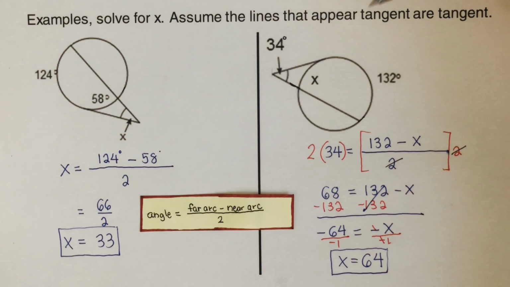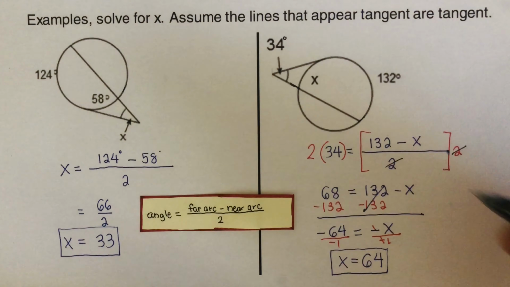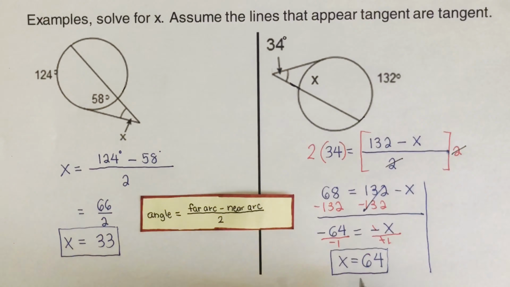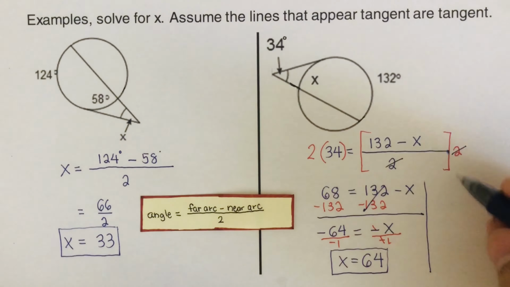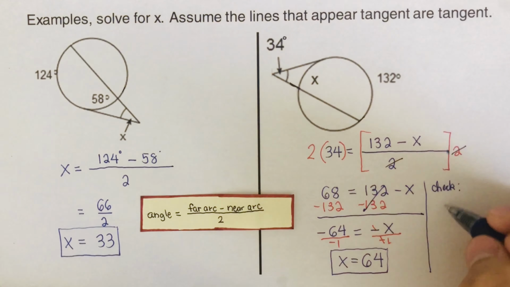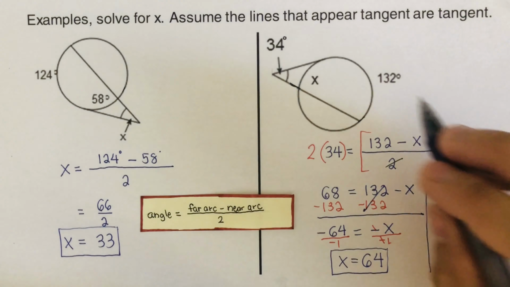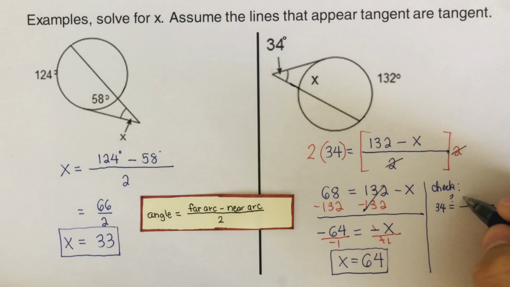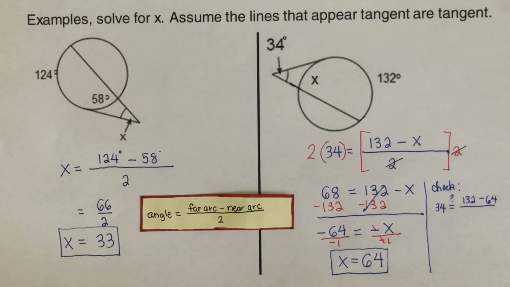And we can check that by plugging it in. If we plug this x back into the equation here, let's see if that would work. So let's check. Is that equal to 34? So the far arc is 132 minus 64, and then we divide this by 2.